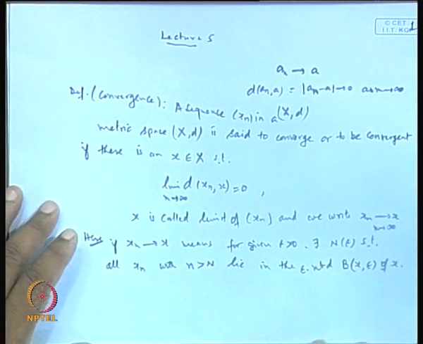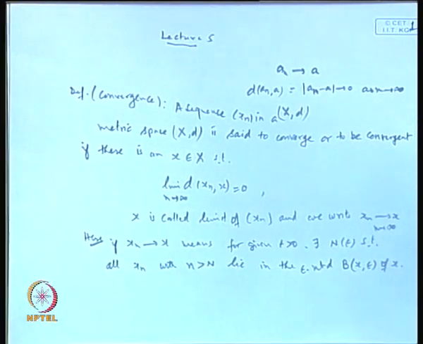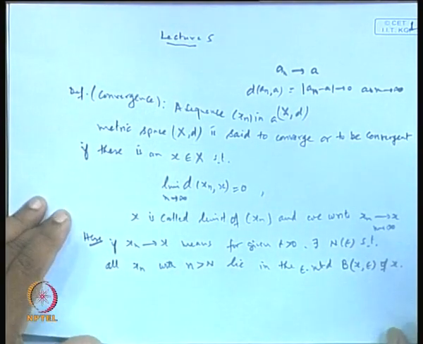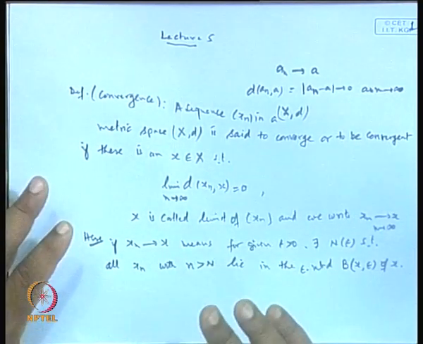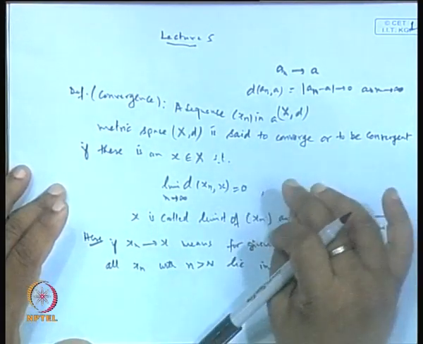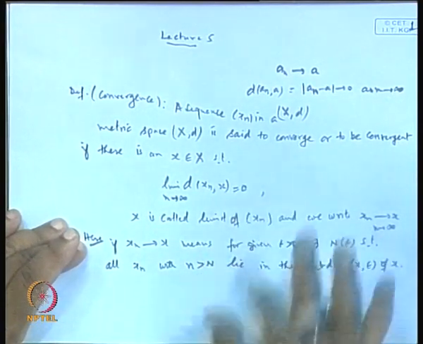That is the meaning of this. So in terms of the neighborhood we can say the sequence x_n converges. Now, the point x must be a point in X; if x does not belong to capital X, then we cannot say the sequence converges.